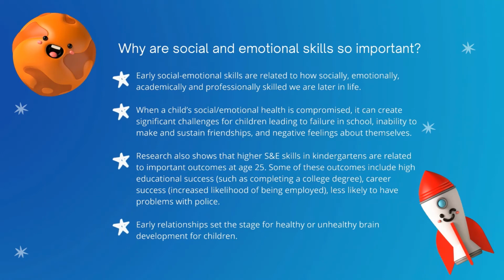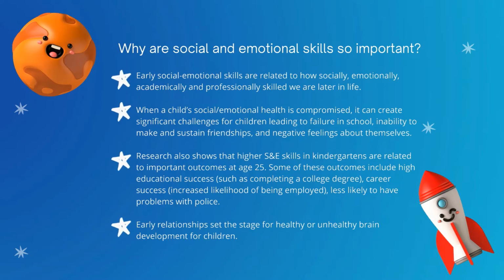So, why are social and emotional skills so important? When a child's social and emotional health is compromised, it can create significant challenges for children, leading to failure in school, inability to make and sustain friendships, and negative feelings about themselves. Research also shows that higher S&E skills in kindergartners are related to important outcomes at age 25.